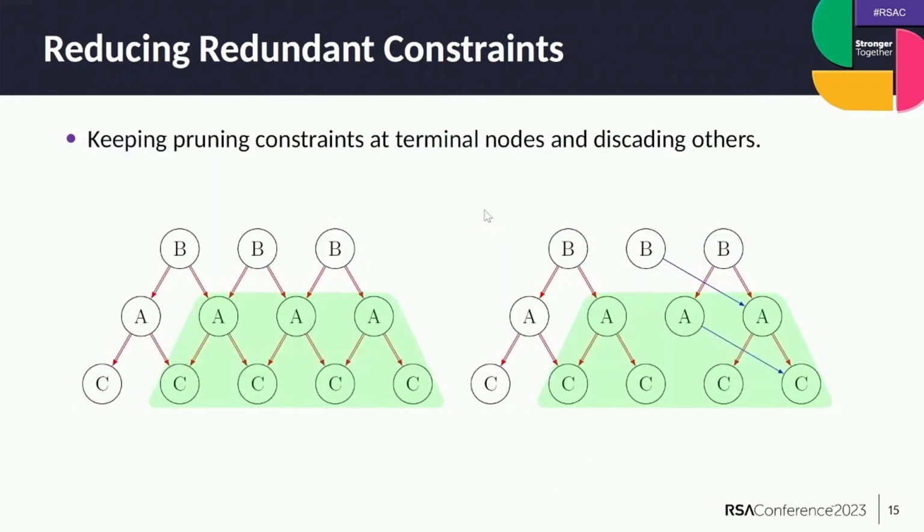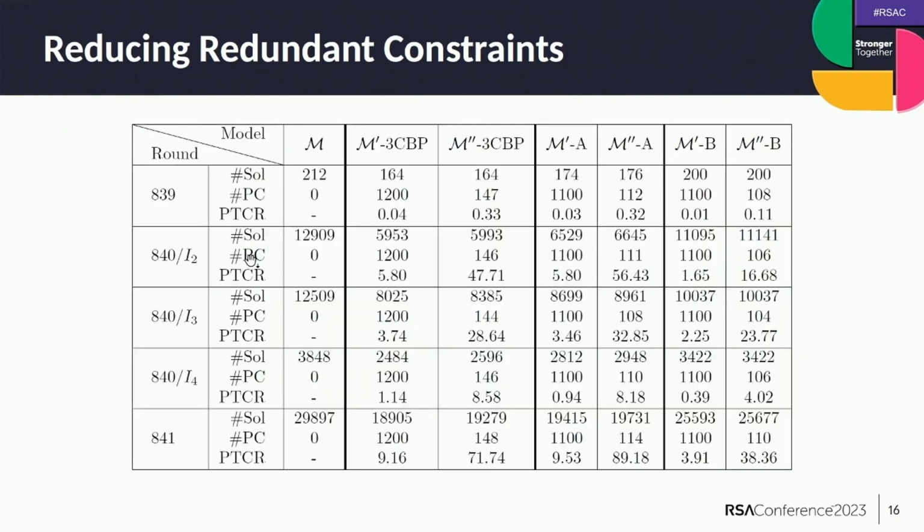To reduce the redundant constraints, we only keep the pruning constraint at the terminal node and discard the others. For the example mentioned before, we keep the constraint in the green area and discard those in the pink area. And here is our result.